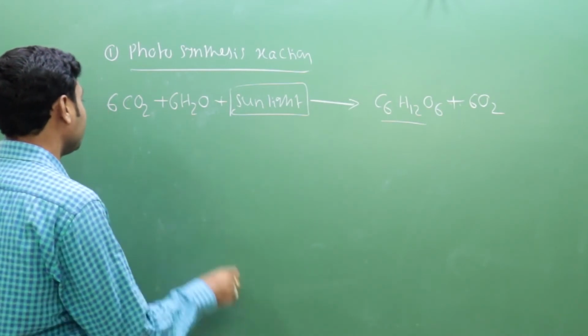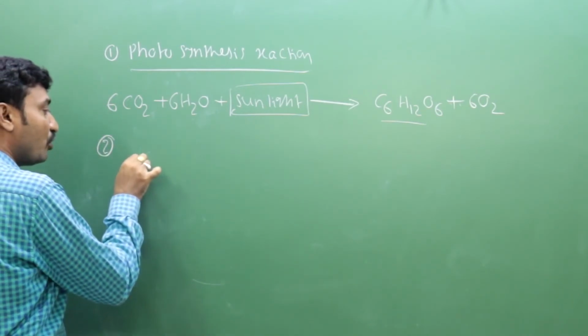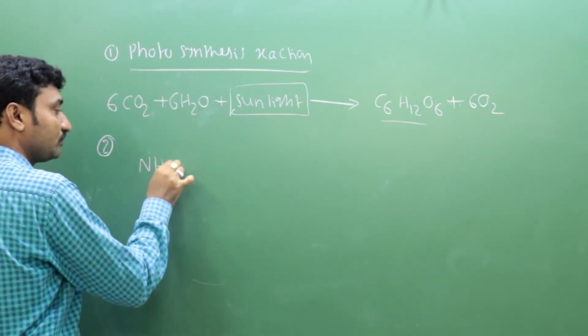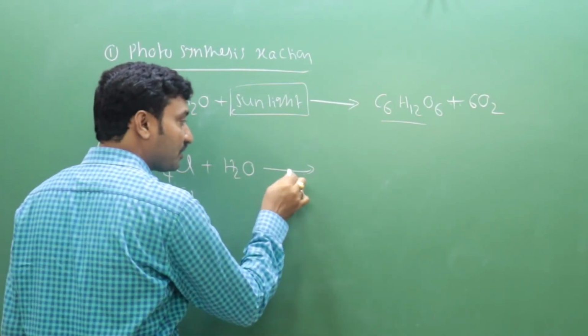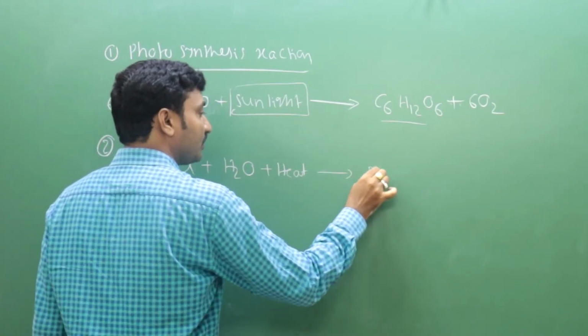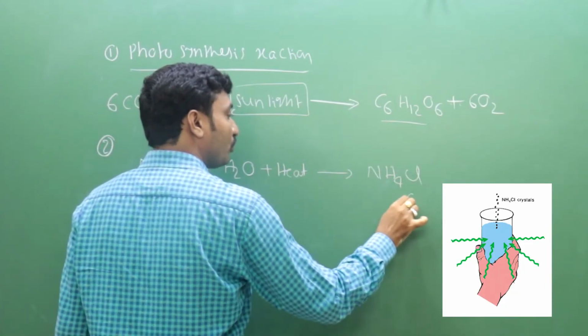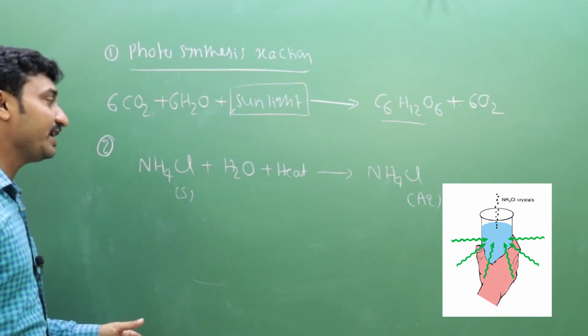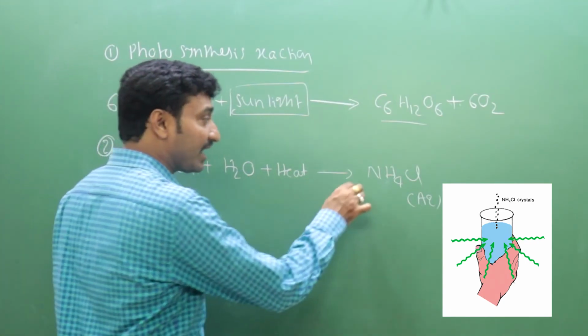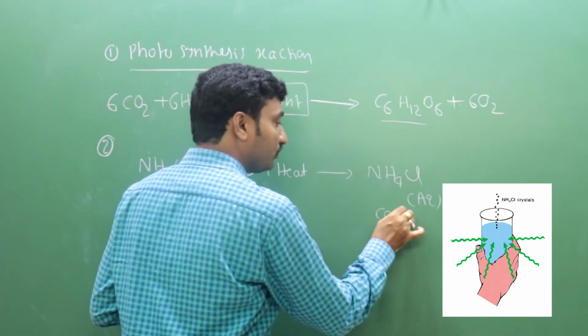Next, take some solid ammonium chloride, NH4Cl, and dissolve it in water. It absorbs some heat, so the system will become cool. Why? It absorbs heat. That's why the aqueous solution becomes cool.